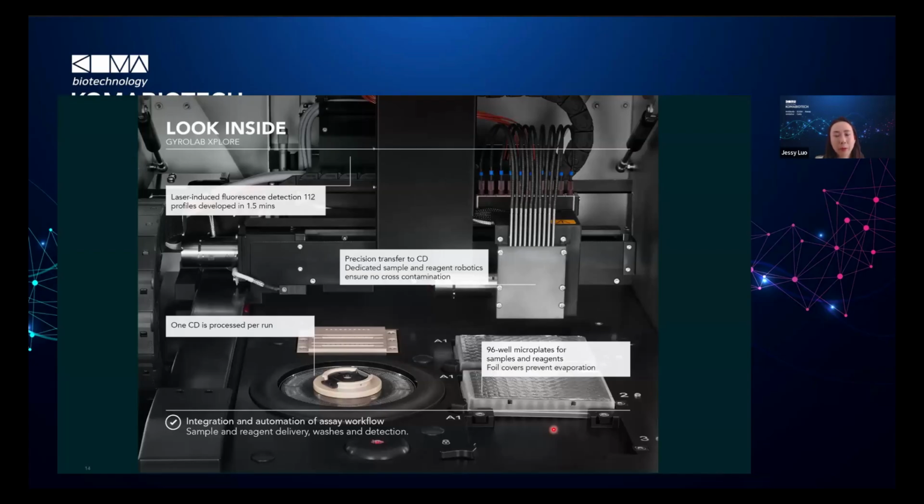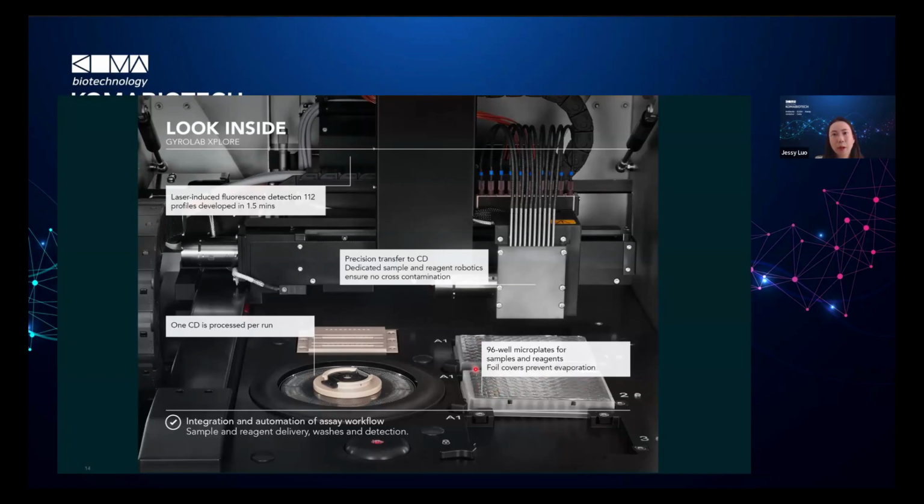A very quick look at the inside of the platform. Here we place the CD, and here the two plates, one for the sample and the other for the reagent. One thing to mention is that for the reagent, you don't need to distribute your reagent into each well.